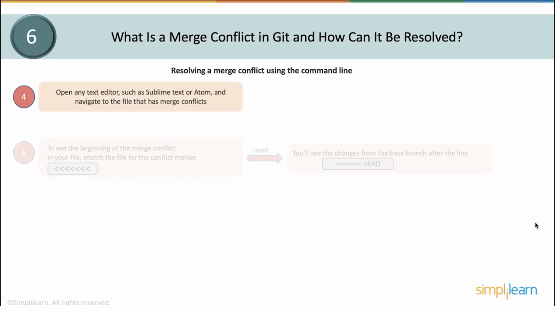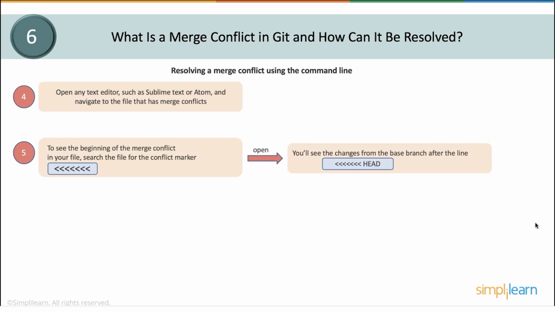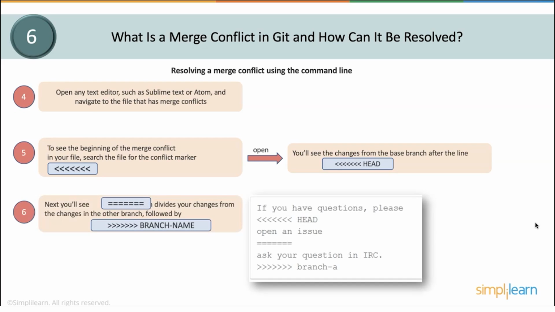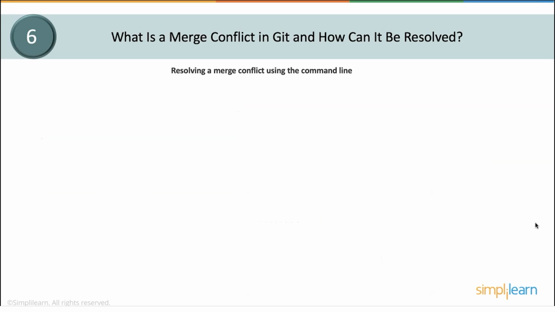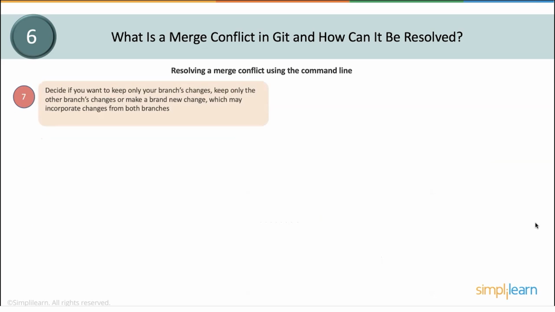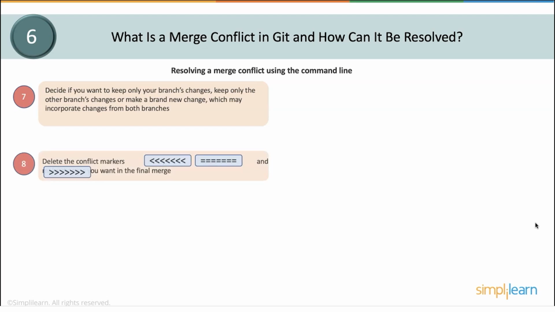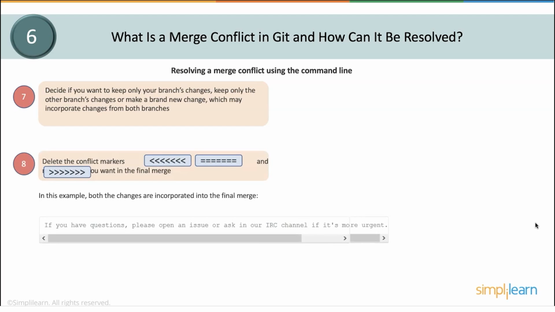You open it in any editor like VS Code or Atom. You go to that location, open this particular file, and decide which one you really want. Likewise, you will be in a position to resolve all the conflicts and discard all those changes you're not interested in.